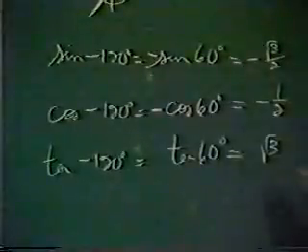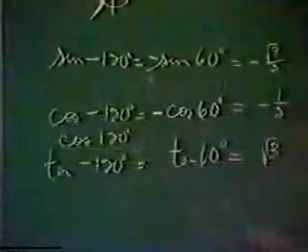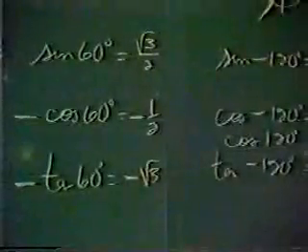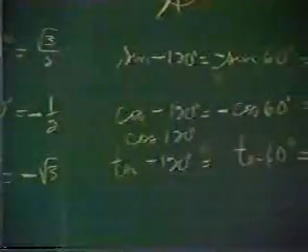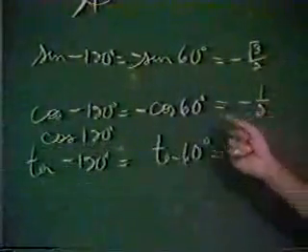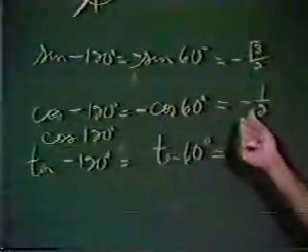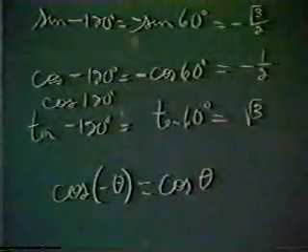Now, what I want you to see right here is, look, we have the cosine of minus 120 degrees. Remember, that's the same thing as the cosine of 120. The answer comes out to be negative. So here's an example where we have a negative angle, and the final answer comes out to be negative, even though we're supposed to have this rule that the cosine of minus theta is equal to the cosine of theta. Just drop the minus.